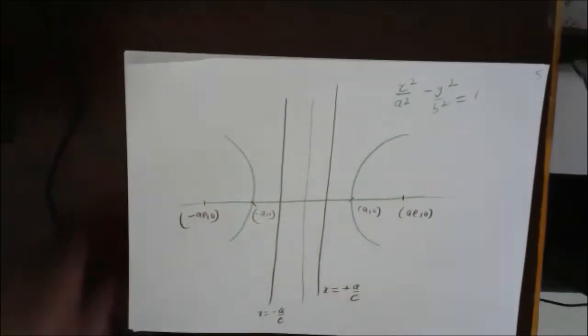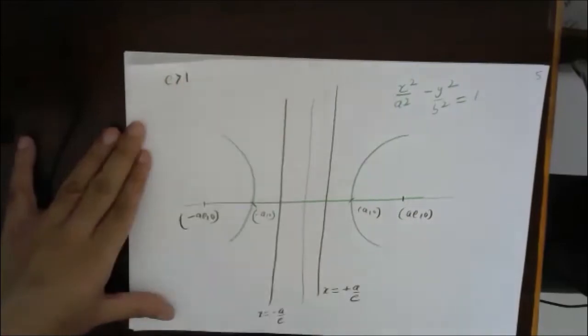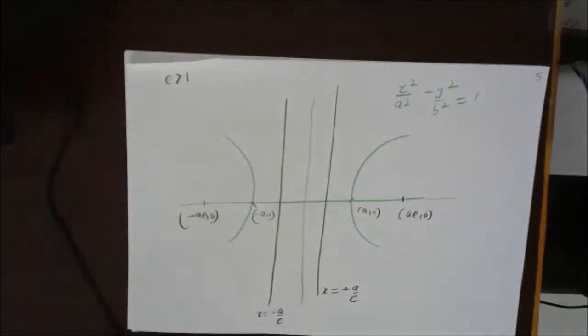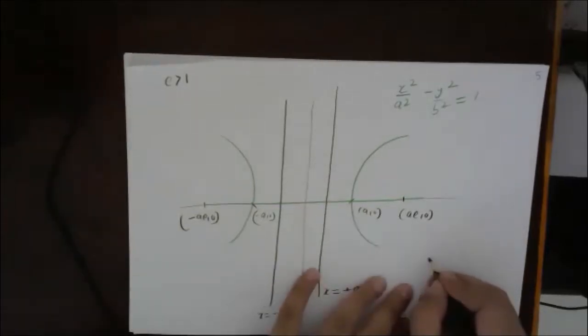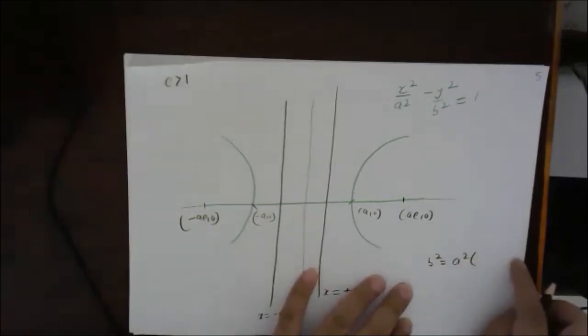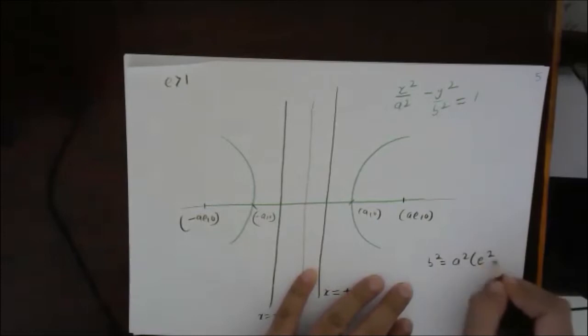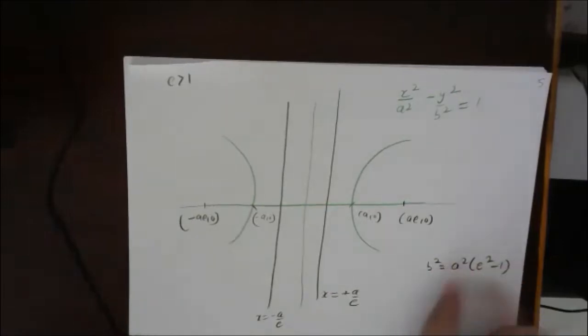Now, as we know, the value of e here is greater than 1. The relation between a, b and e will remain the same as the previous one. Just remember, in ellipse we had b square is equal to a square into 1 minus e square. In this case, it will simply be e square minus 1. Suppose e is 5, 6, 7, this will make b bigger.